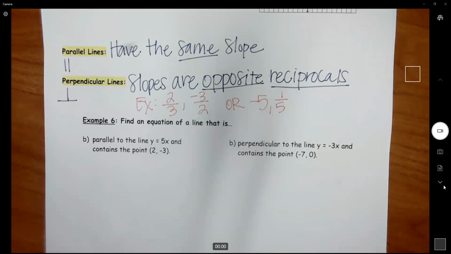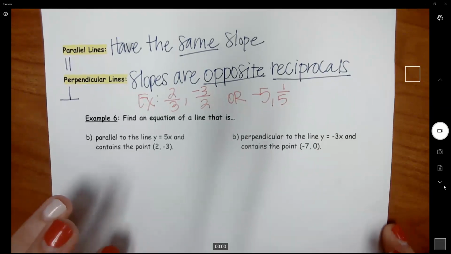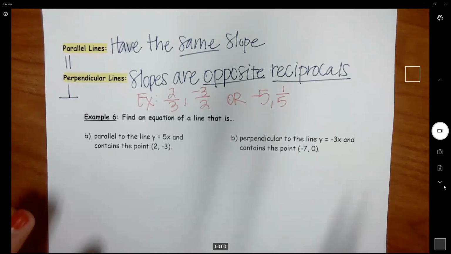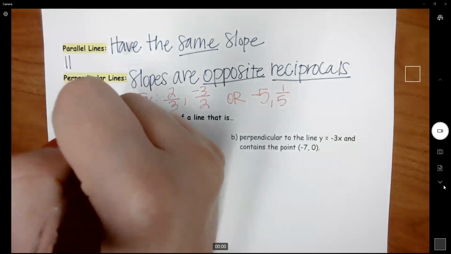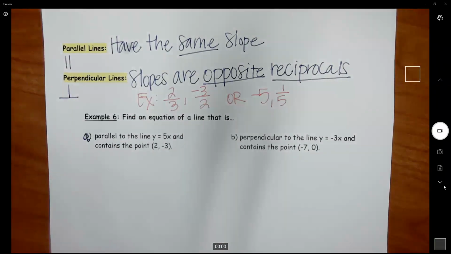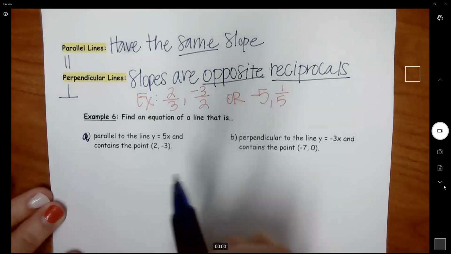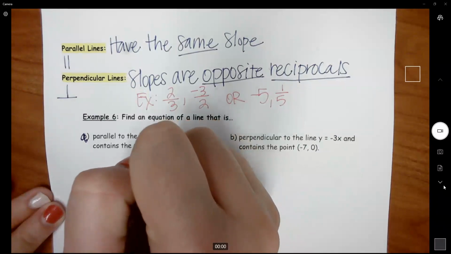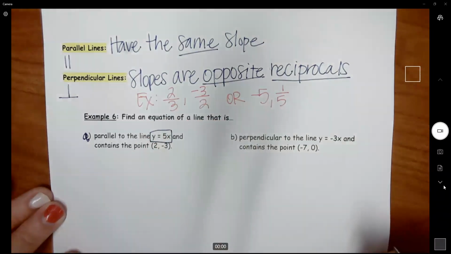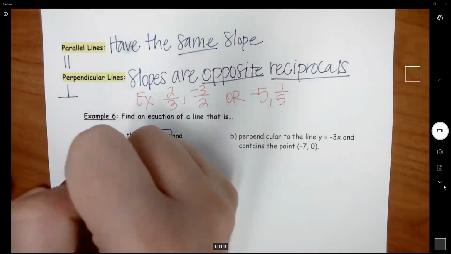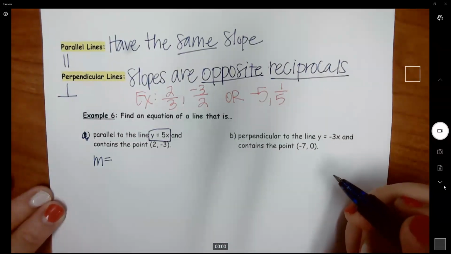Okay. So example 6, we need to find the equation of a line that is, this should be A, parallel to the line y = 5x and contains the point (2, -3). So in this equation, what is my slope?